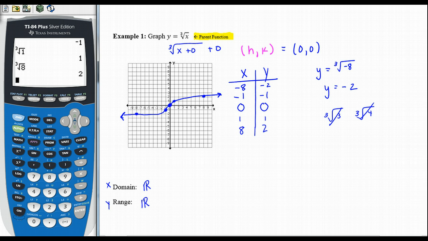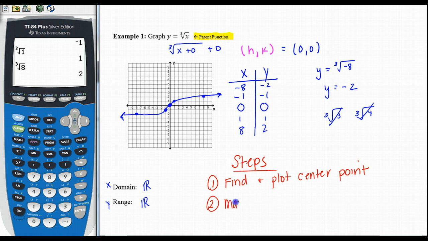So let's make some steps here. 1, find and plot the center point. 2, we're going to make an x, y table.